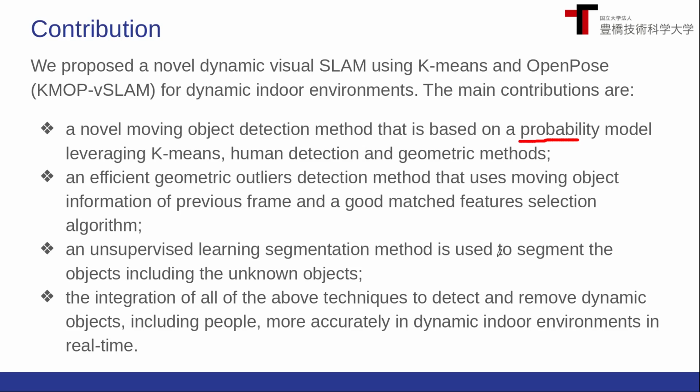KMOP is used to segment the objects, including unknown objects. We integrate all the above technologies to detect and remove dynamic objects, including people, in dynamic indoor environments in real time.